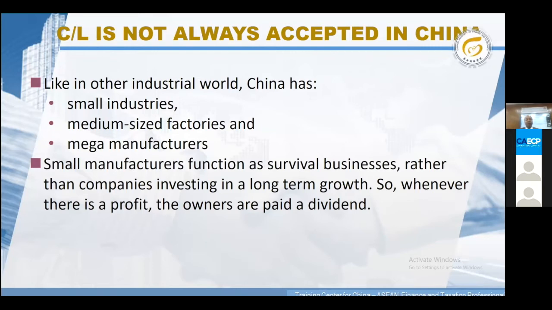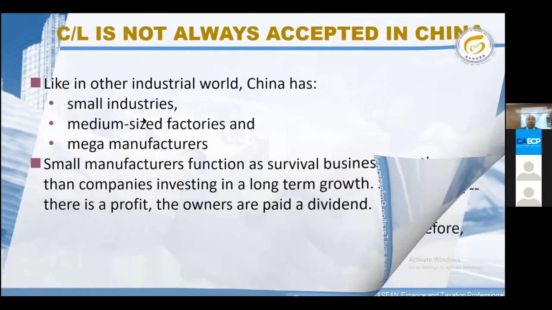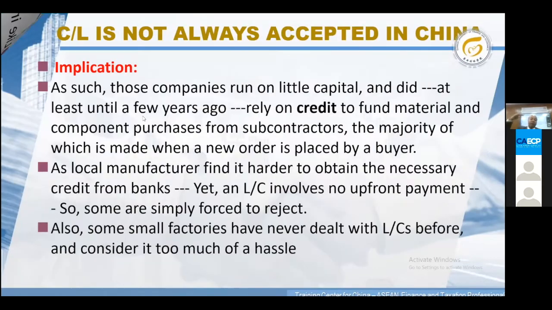So whenever there's a profit, the owners are paid dividends, for example. They get the money probably from other, bigger industries working with them. So they need to be paid at least some part of the money. So they don't really accept credit, being paid at the very last process after the products have been shipped.